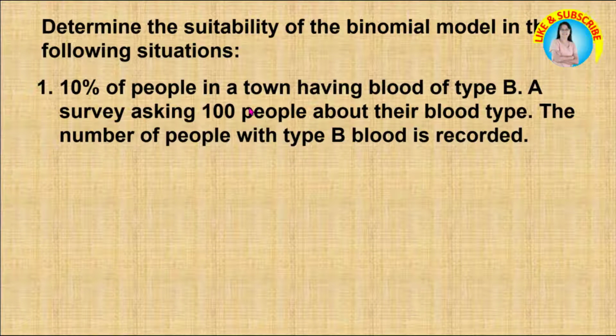Each person is either type B blood or not type B blood. The probability of obtaining a person with type B blood is always the same, which is 0.1. And finally, the outcomes will not influence each other. Therefore, this situation is suitable to be modeled as binomial.